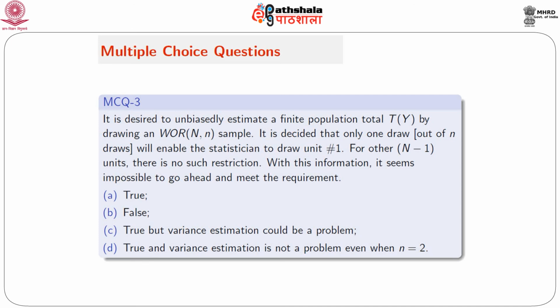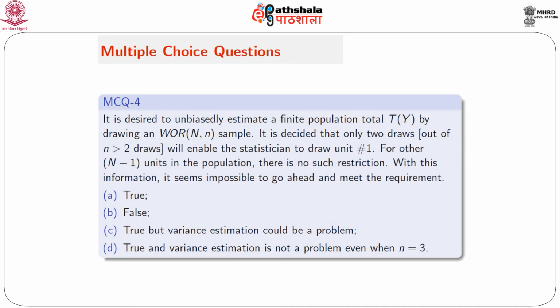That is what it says, that it can be included only in one out of so many draws. So that is how you have to understand the implementation of the sampling design. Given this situation, is it true that you can still estimate the population total with variance estimation and all that? That is how the problem goes. Interesting problem. What is the next one?